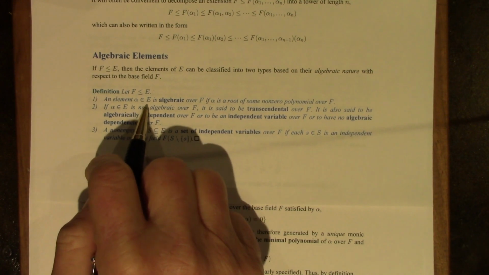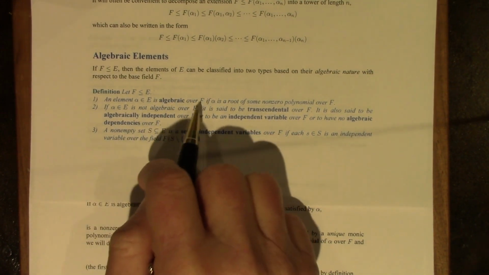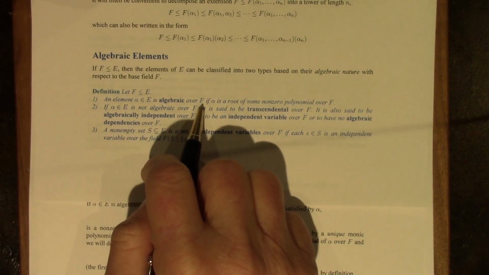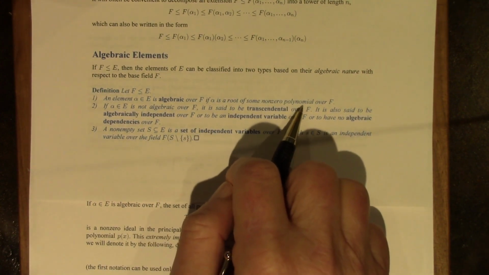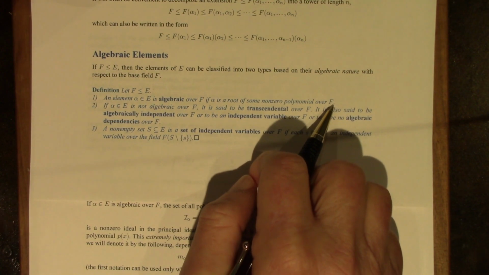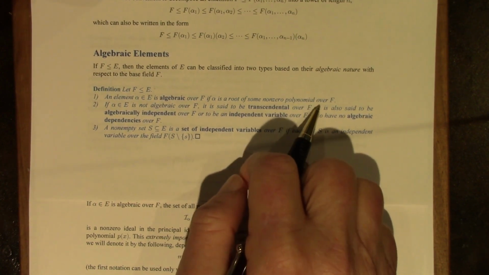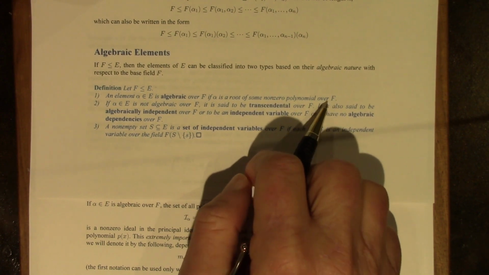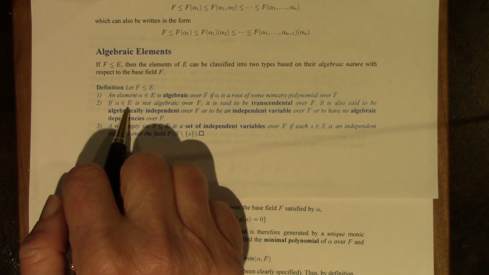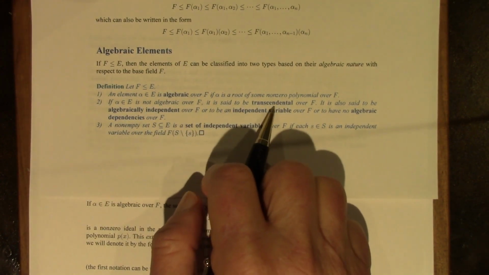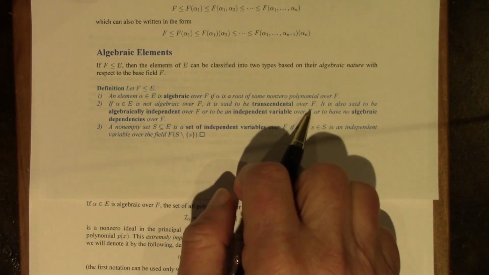An element alpha in E is algebraic over the base field F if alpha is a root of some non-zero polynomial over F. The roots of polynomials are the algebraic elements. If alpha is not algebraic, it's said to be transcendental over F.